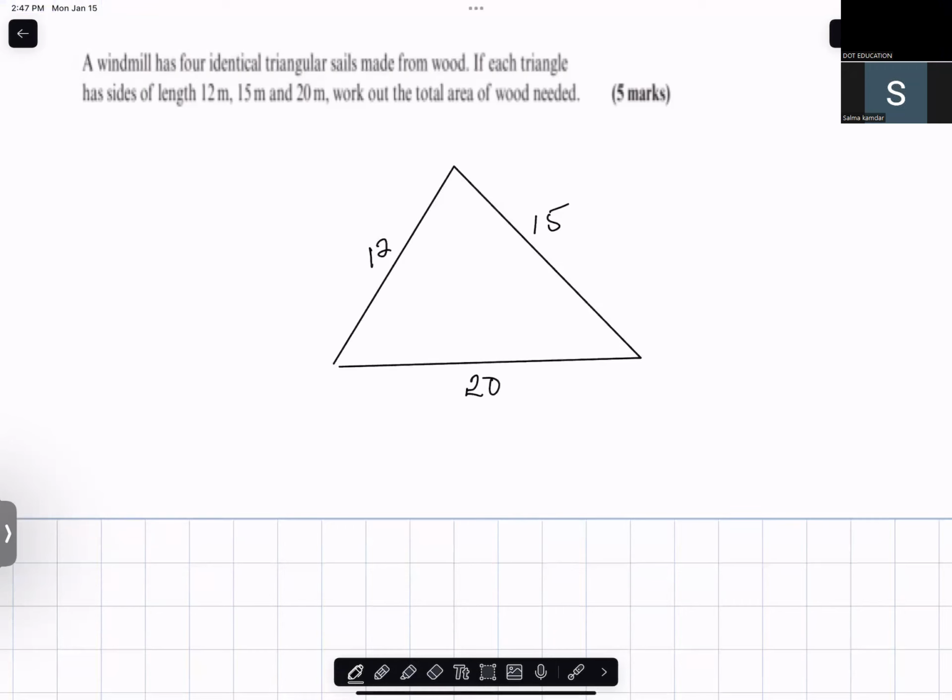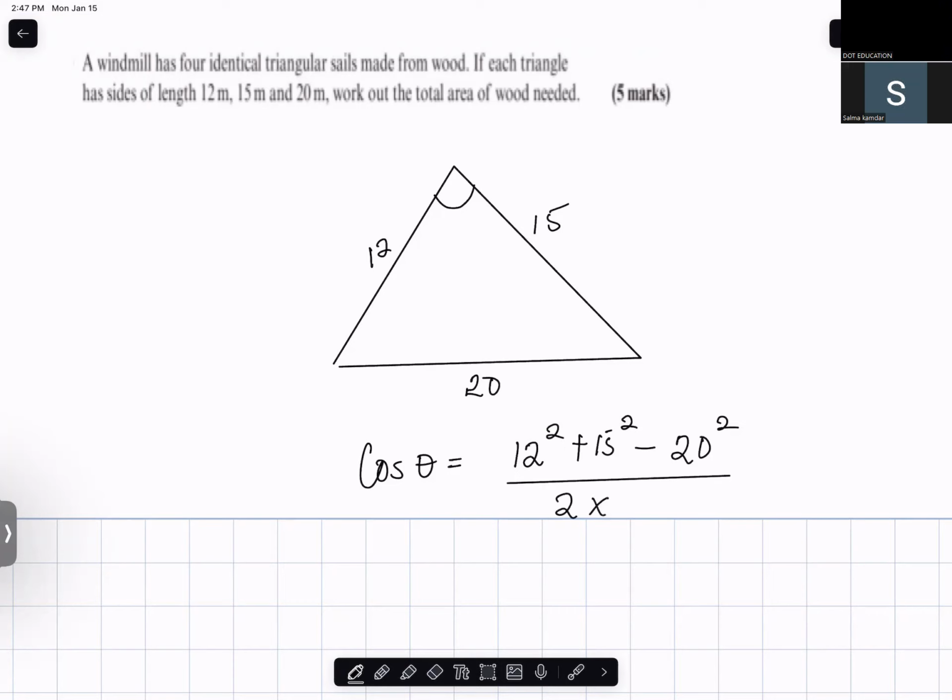So I'm going to look for my cos of angle. I prefer to look for this angle at this point here. So using our cosine formula, we have cos theta is equal to 12 squared plus 15 squared minus 20 squared divided by 2 times 12 times 15.